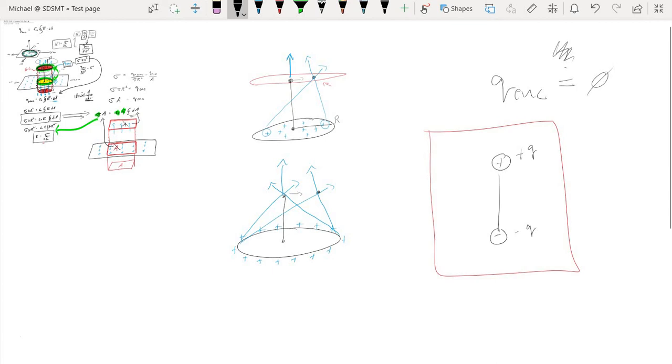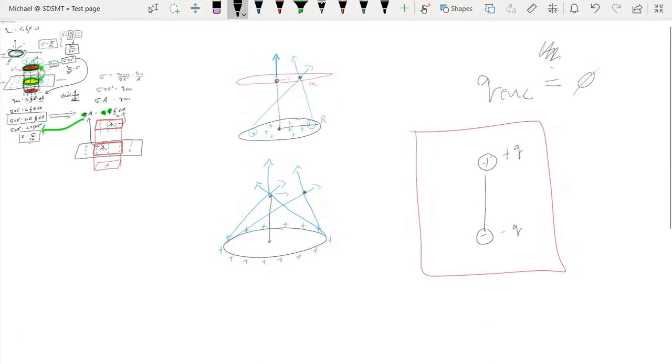If you tried to enclose that dipole with any kind of shape, doesn't matter what the geometry is, if you contain that entire dipole with some kind of Gaussian surface, then you're going to get an electric field of 0 from the math. Gauss's law is actually not going to work. And so we would again probably be better off just trying to use the individual point expressions and add them together at that location in space.